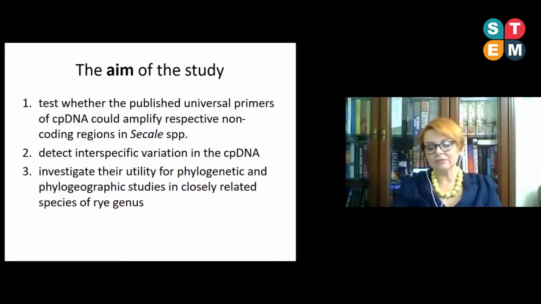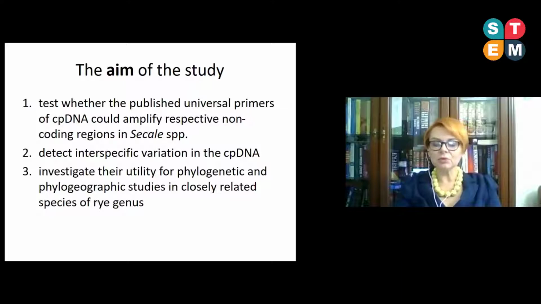Because these studies have not been made on species of rye, we decided to check the usefulness of these universal primers. Our aim was to test whether the published universal primers of chloroplast DNA could amplify respective non-coding regions in Secale species, detect interspecific variation in the chloroplast DNA, and investigate the utility for phylogenetic and phylogeographic studies in closely related species of rye genus.